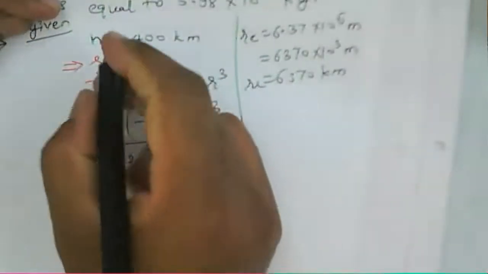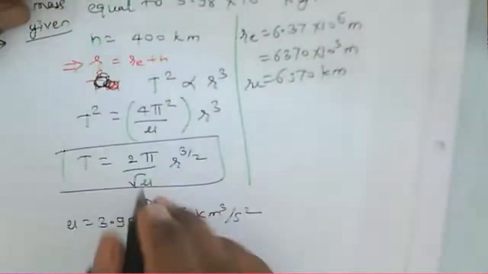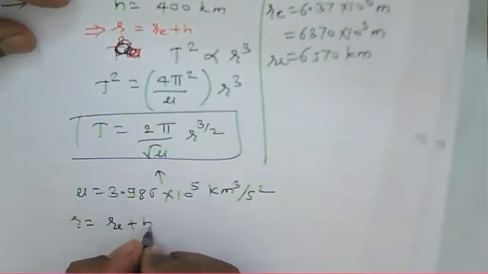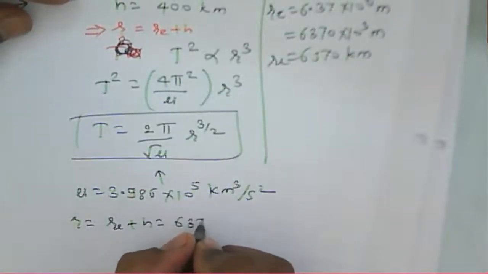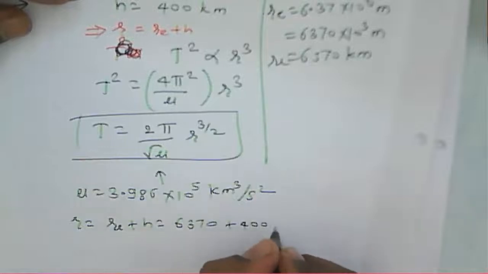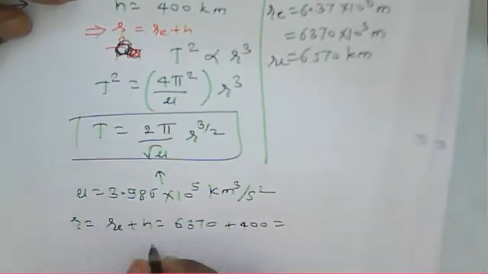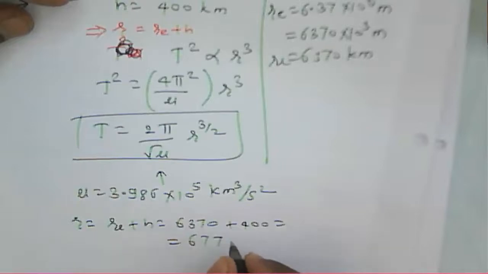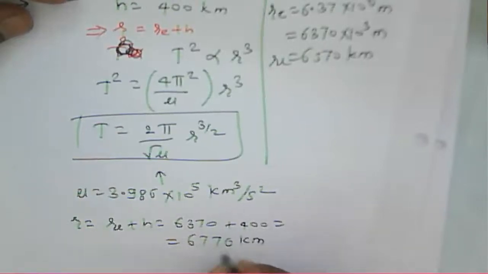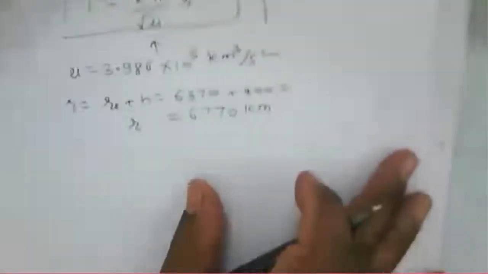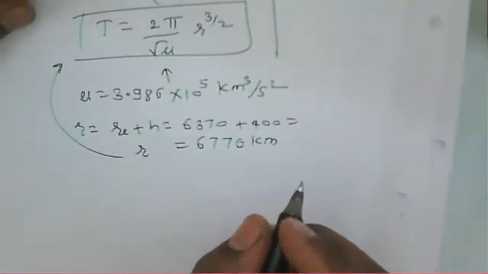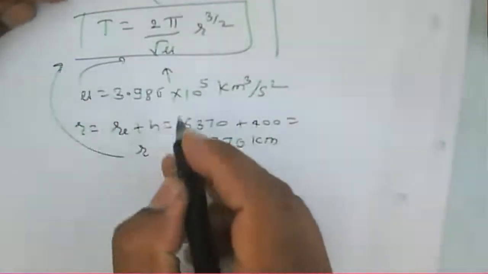So we can write here that R is equal to what? Re plus H is equal to 6370 plus 400. Whichever answer we are getting, that will be in terms of kilometer, 6770 kilometer. That is about the R. We can put that value of R here in this equation, value of this mu here.